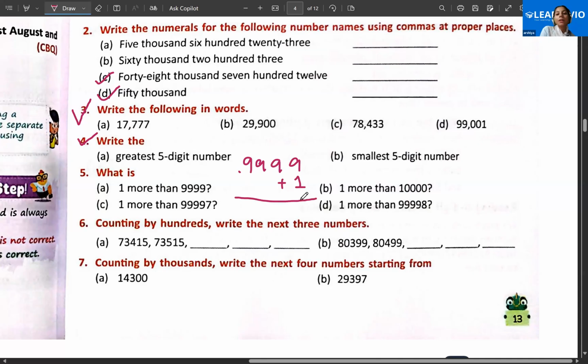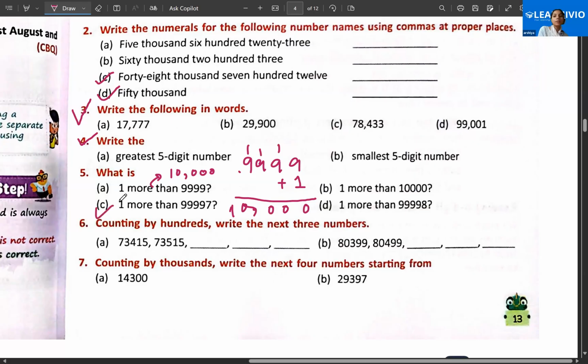What comes after 9,999? Do you know that? 10,000. Correct. So if you know that, you can directly write down 10,000. And if you can't figure it out, you can add it also. So 9 plus 1 will be 10, and there's going to be a balance again, 0, 0. And here it's going to be 10,000.